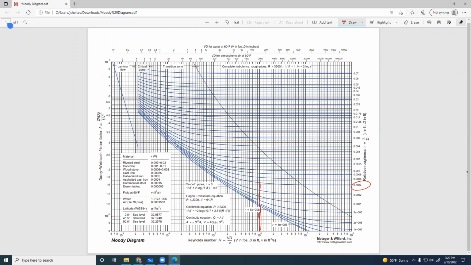If, for example, I were over here at 2 times 10 to the 7th, then I'm in this flat zone where the friction factor is a constant, just a function of the relative roughness. And I would trace this all the way back over to find my friction factor right here.